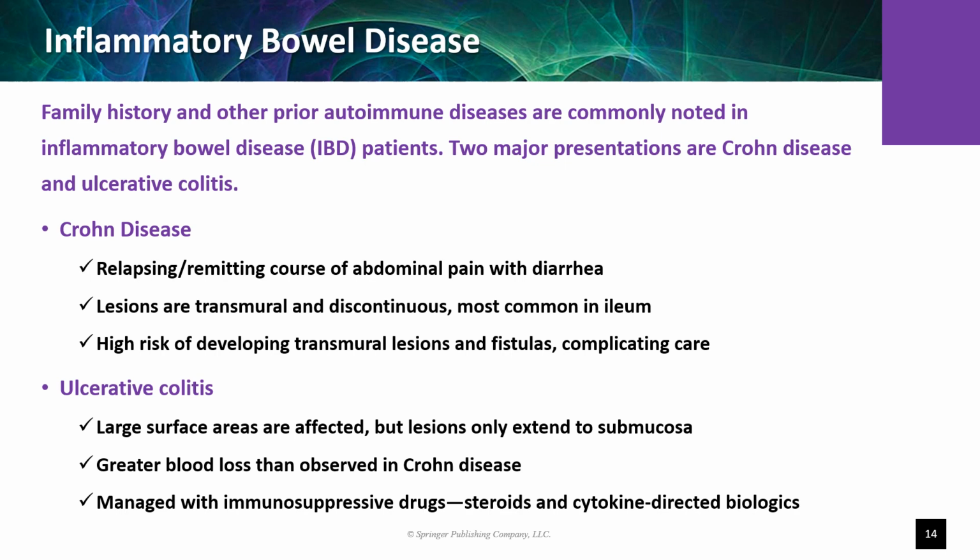Both disorders are associated with immune dysregulation that includes impaired tolerance to normal microbiota and hyperactive immune responses that result in inflammation of the mucosa, progressing through deeper layers of the gut wall.